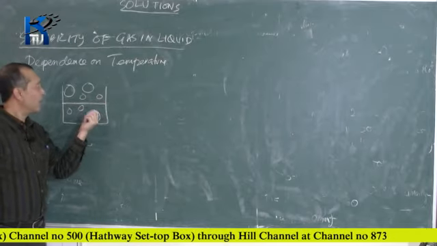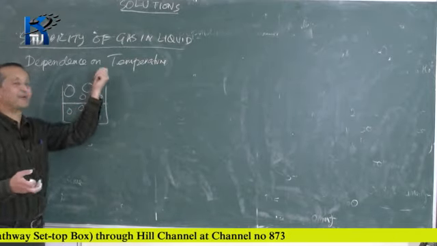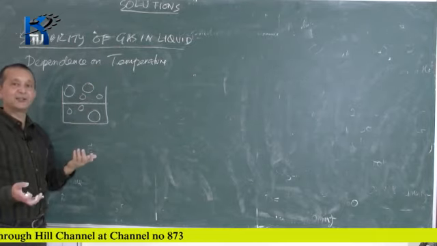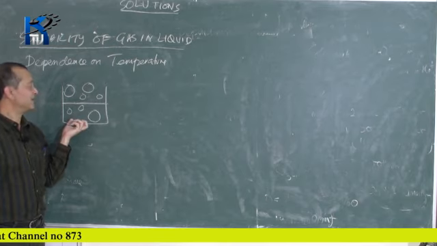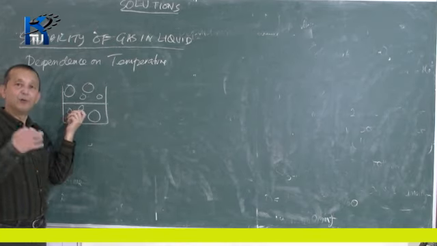Why? Because when the temperature is high, it causes the gas particles to escape from the liquid. That means the more the temperature, the less will be the solubility of a gas in a liquid. More temperature, less solubility. Less temperature, more solubility.